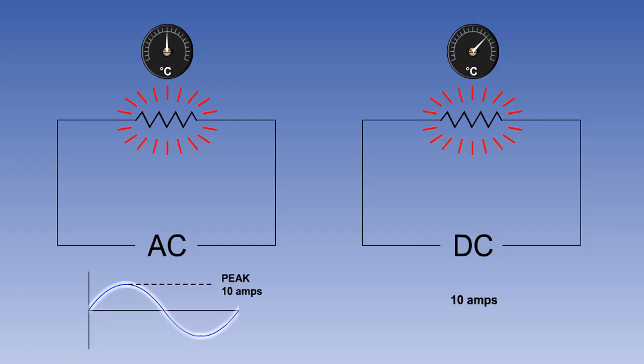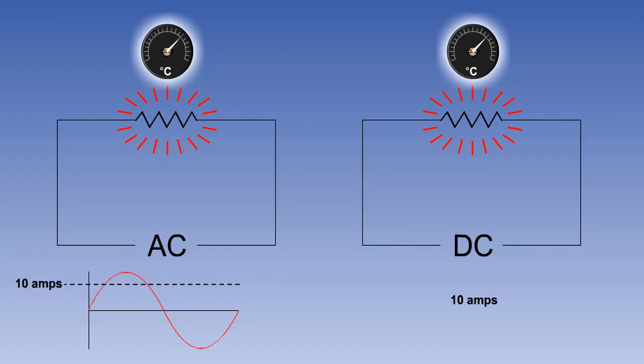An AC current with a peak value of 10 amps will be constantly varying between 0 and 10 amps. So a steady DC current of 10 amps will make a resistor hotter than will the AC current with a peak of 10 amps. To make the resistor as hot with an AC current, its peak value must be higher, so that its mean value can be 10 amps.